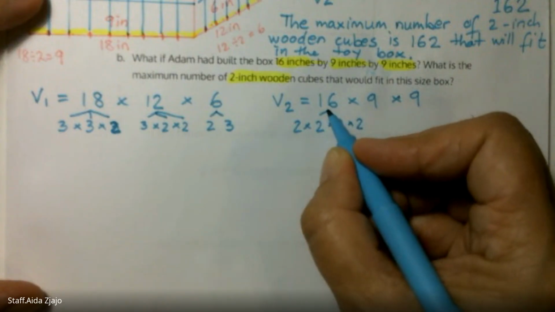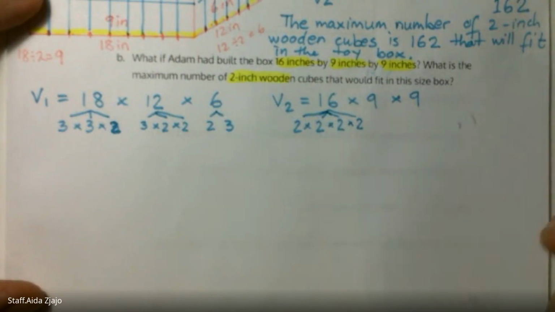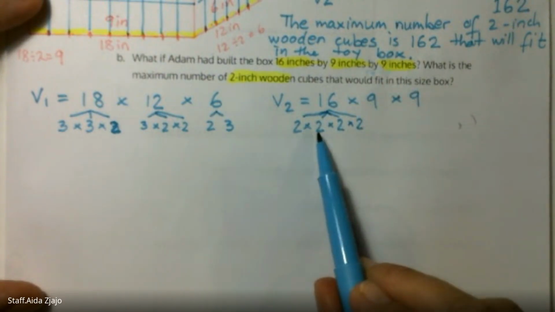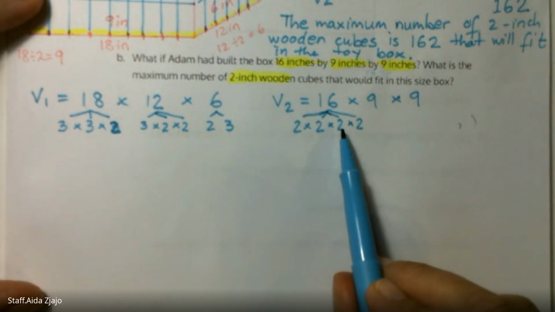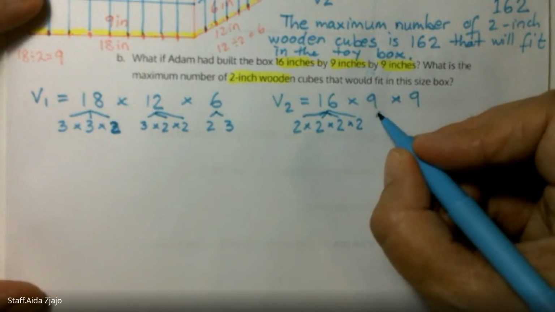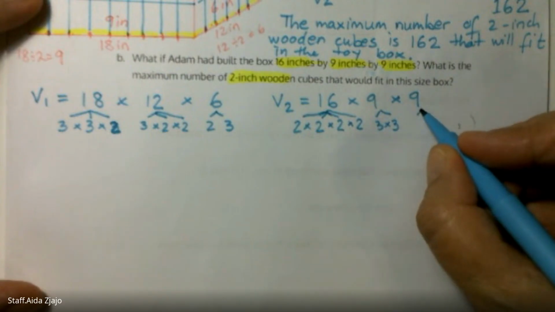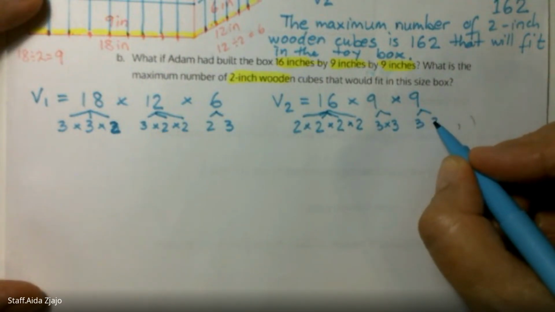So you would have four twos. And then 9 is 3 times 3, and another 9 is 3 times 3.